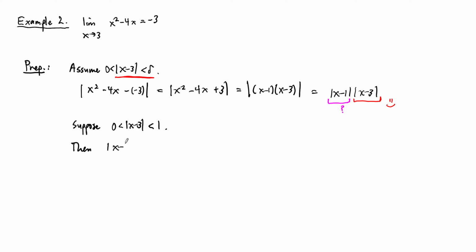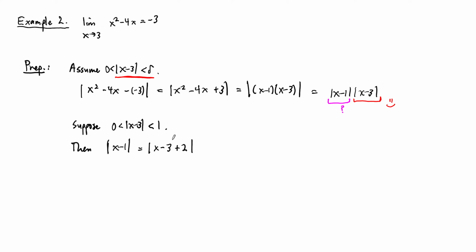Well, the absolute value of x minus 1 is the same as, I'm going to write this in a funny way, but I want to get an x minus 3 involved in here. It's going to be equal to x minus 3 plus 2. Negative 3 plus 2 is just negative 1, so I haven't changed anything, I've just changed the way that it looks. And now at this point, what can I do? Well, there's something called the triangle inequality.